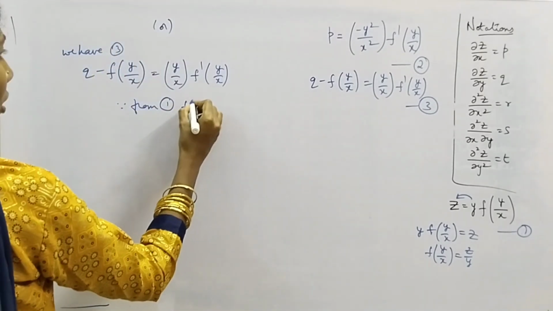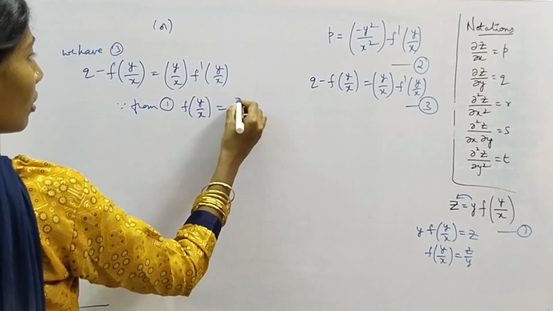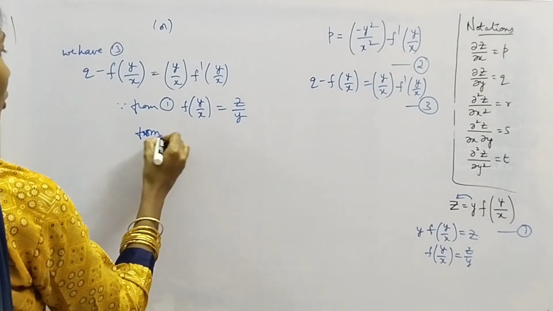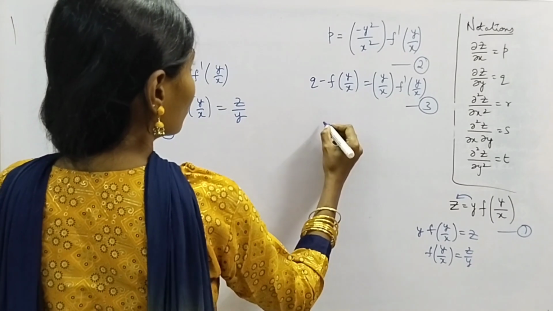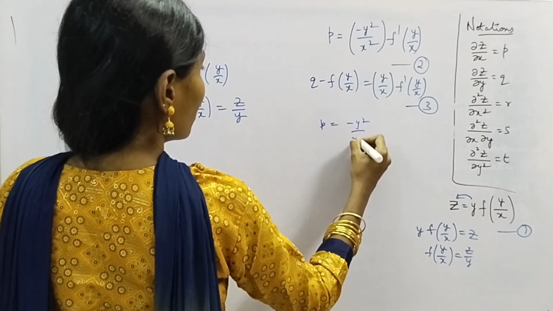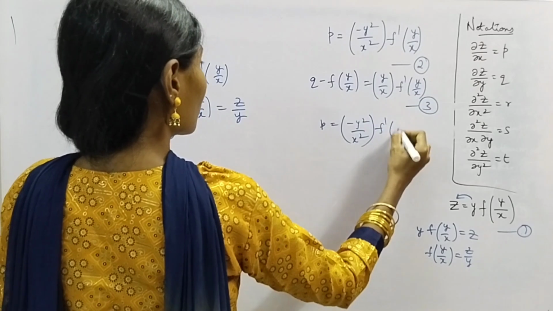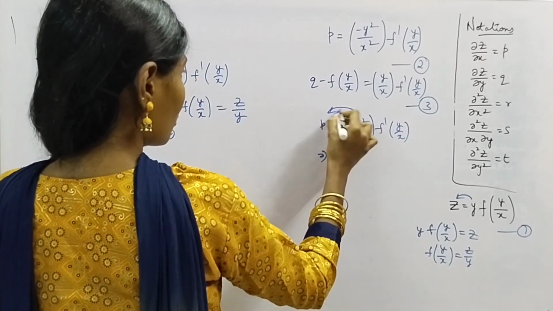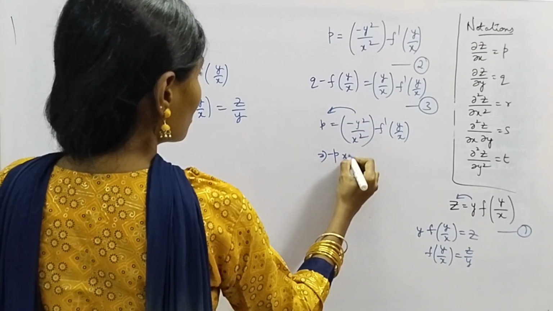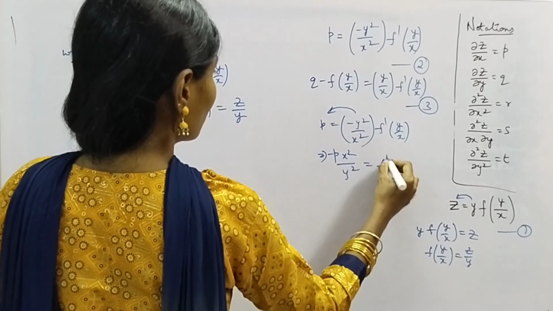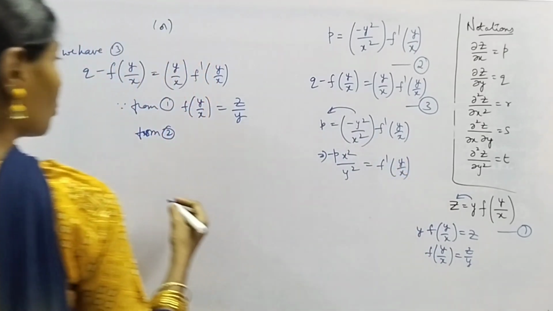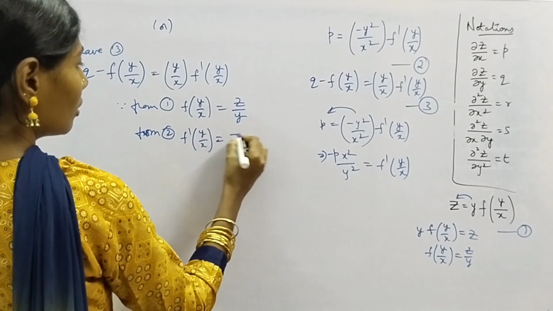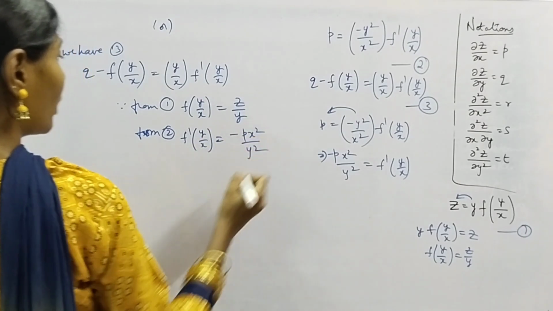From 1 we have f of y by x equal to z by y, and also from 2, we have p equal to minus y square by x square into f dash of y by x. From this, just bring this term to LHS, you'll get minus px square by y square equal to f dash of y by x. From 2 we have f dash of y by x equal to minus px square by y square.